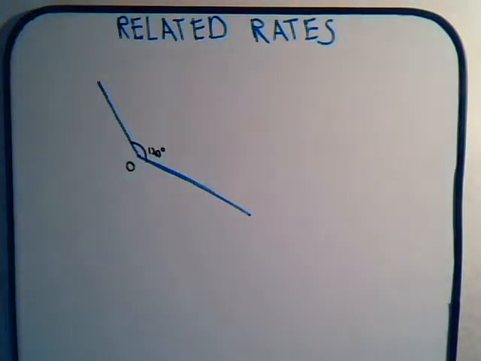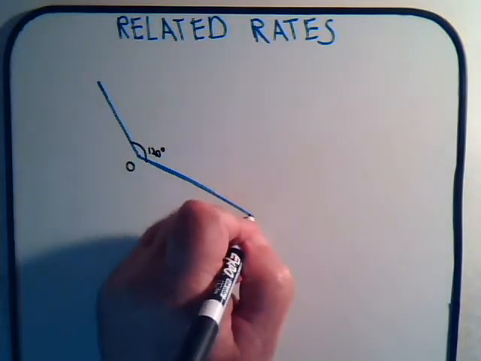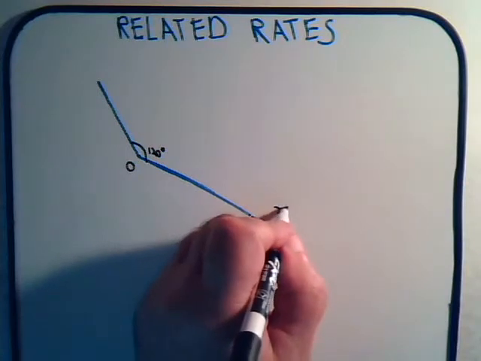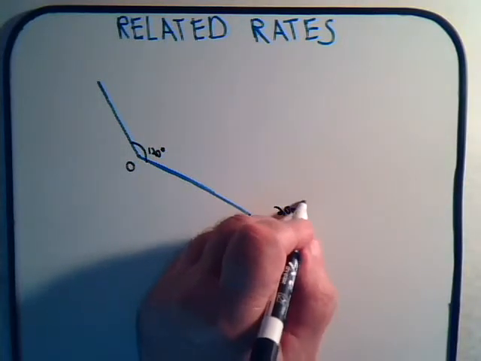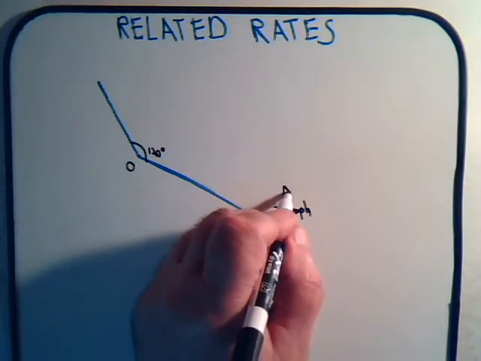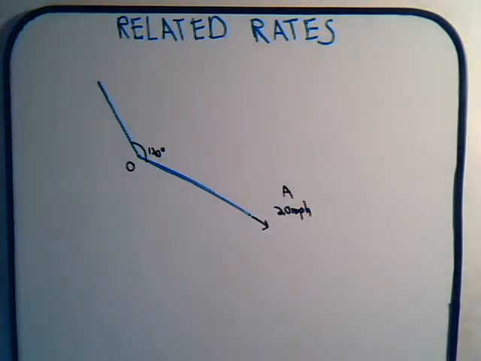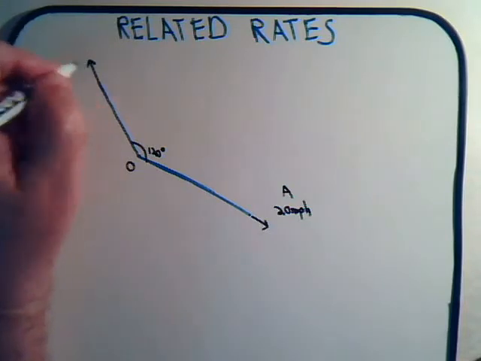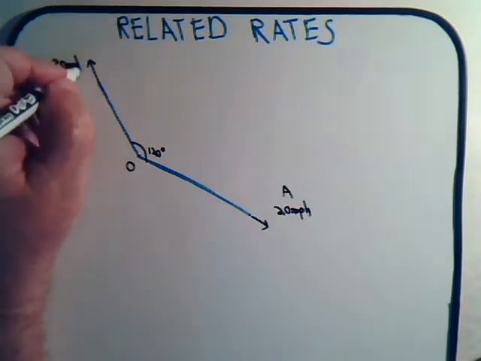And one of the ships, say ship A, is moving at a speed of 20 miles per hour. That's ship A. And ship B is moving away at a speed of 30 miles per hour.